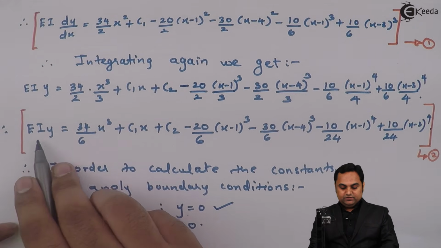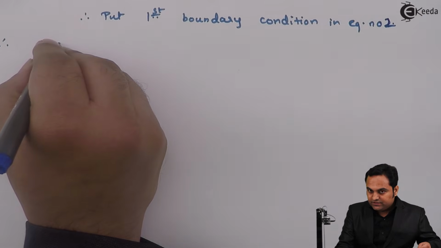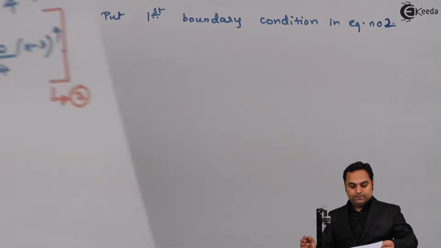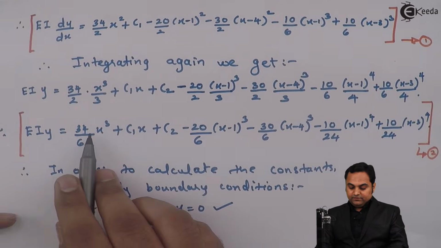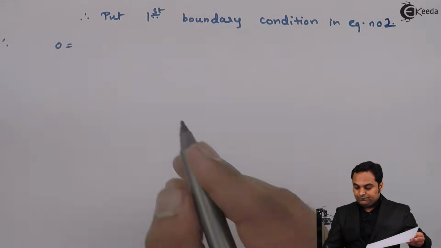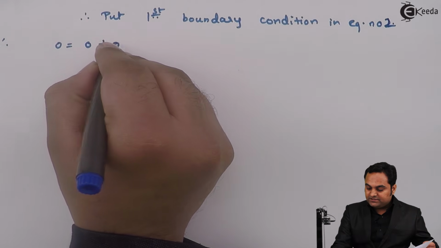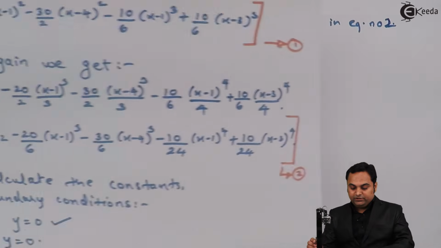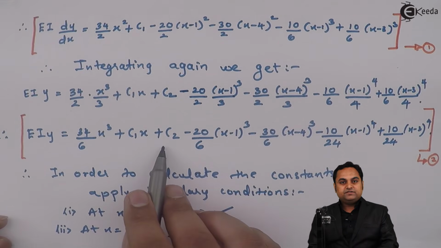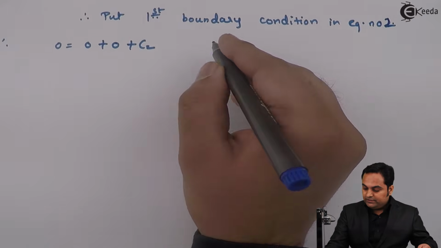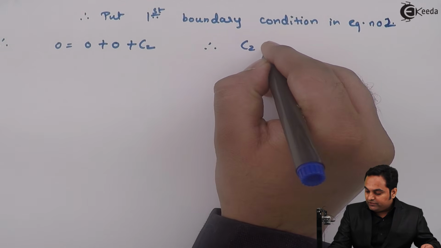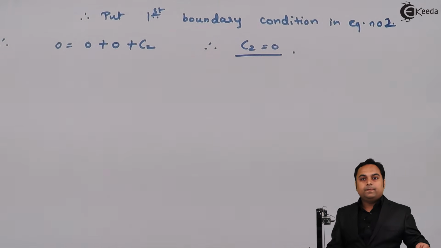So if I put y is equal to 0, left hand side is 0, is equal to, on right hand side this term will become 0 plus c1 into x, x is 0 plus c2. We have to take it only up to c2, that is the first boundary condition. So here I'll say that from the first boundary condition c2 comes out to be 0.